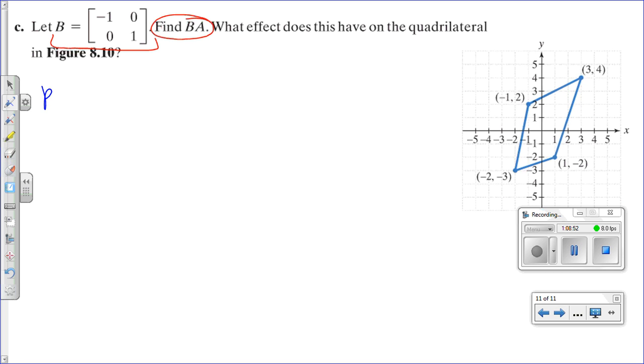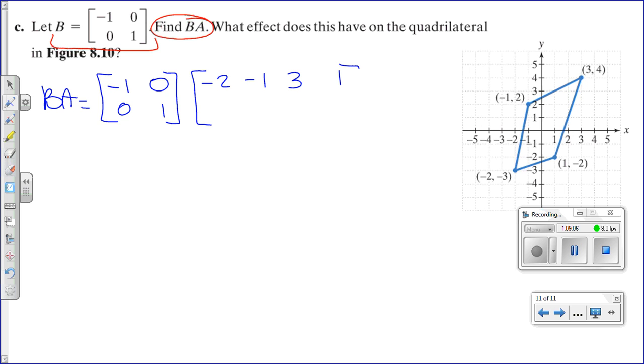So the product of B times A is going to be [-1, 0; 0, 1] times matrix A. And matrix A is [-2, -1, 3, 1; -3, 2, 4, -2]. So remember, we need to multiply row times column.